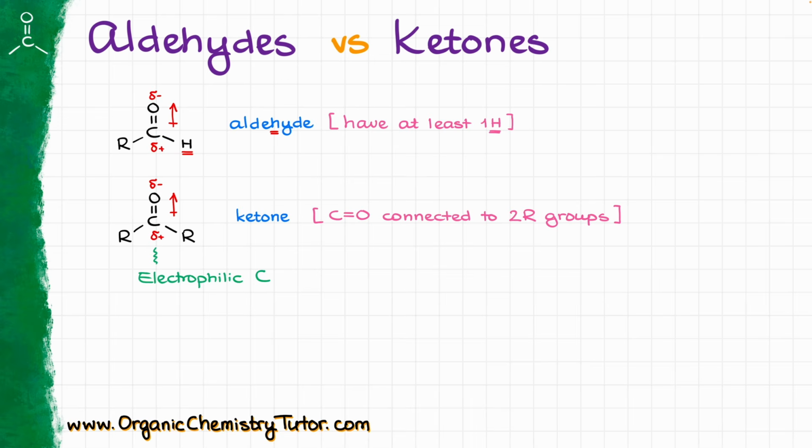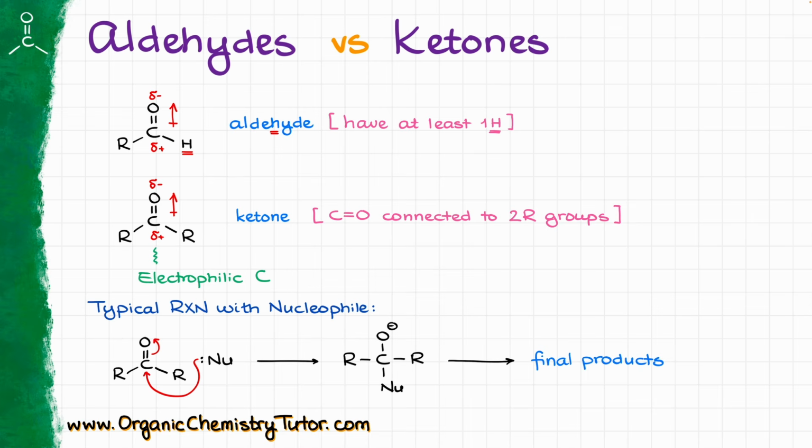This means that aldehydes and ketones are susceptible to reaction with nucleophiles, and the vast majority of their reactions are with different nucleophiles, where the electron pair carrier makes a new bond between carbon and the nucleophile, and then we get our final products depending on the nature of the reaction itself. In this tutorial, pretty much every reaction fits this general pattern where the carbonyl reacts with a nucleophile, giving you something new.